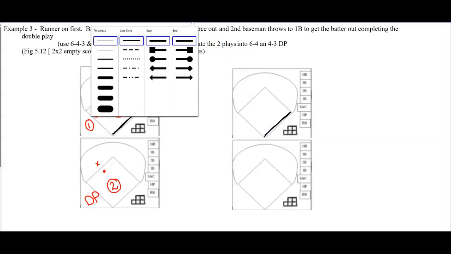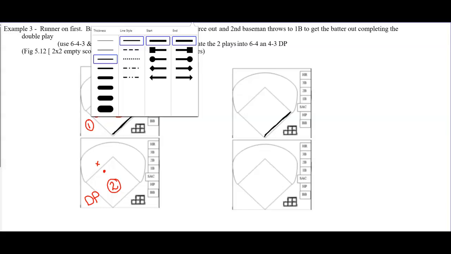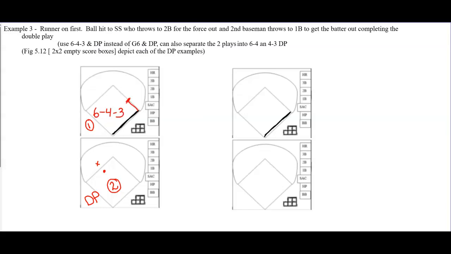So we've got our runner at first. And our batter hits a ground ball to the shortstop. Our runner on first is out at second for the first out. And our batter is out on the double play for the second out.